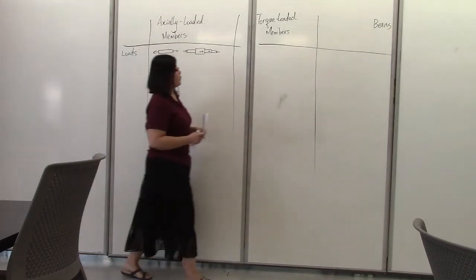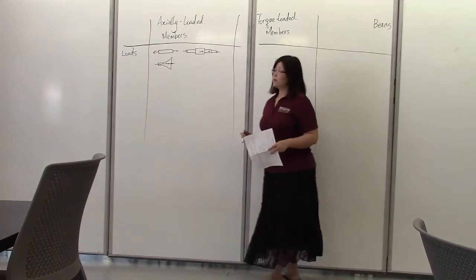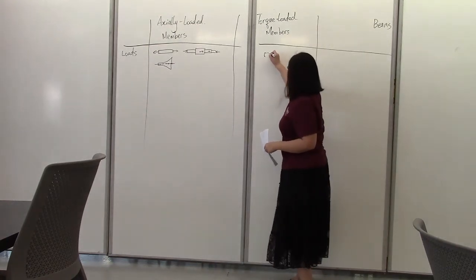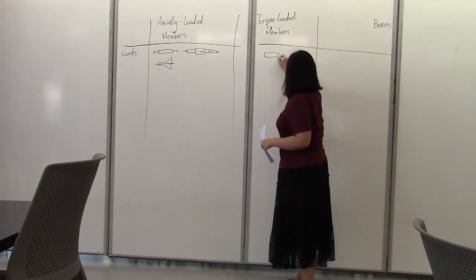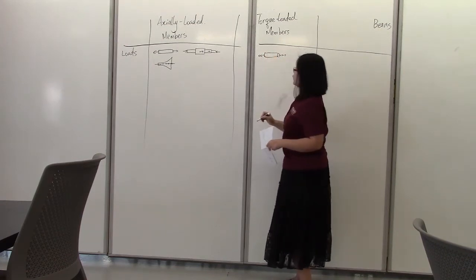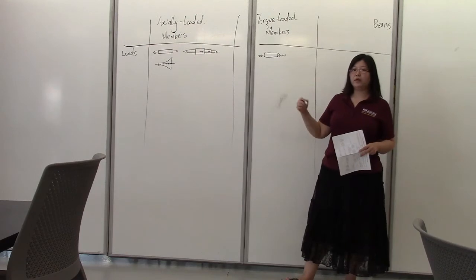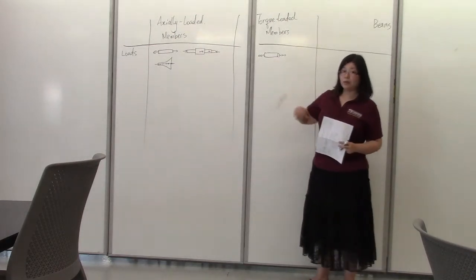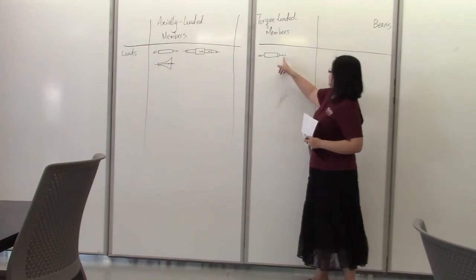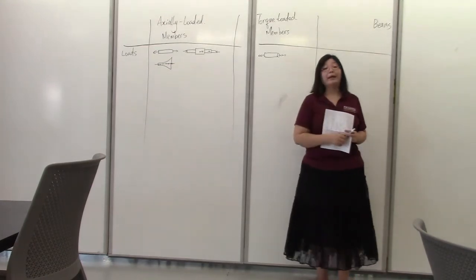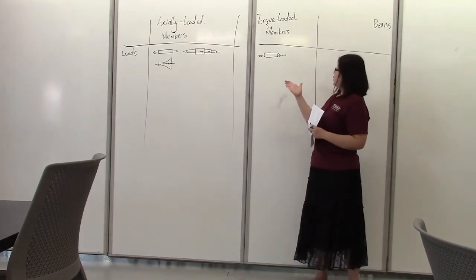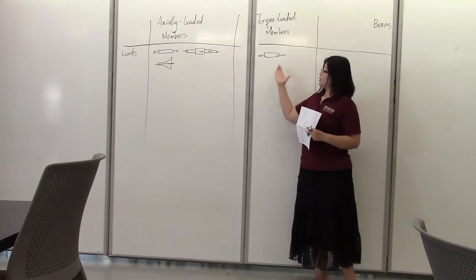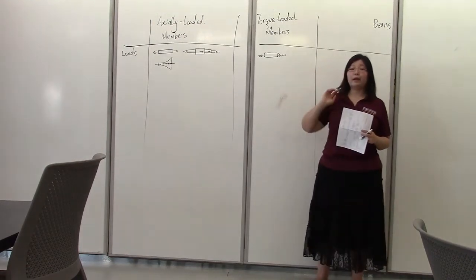Now for torque loaded members, the loads are torques. Now for torques, sometimes we use a little curved arrow to show the direction, clockwise or counterclockwise. Otherwise, sometimes we use 2 arrows to show that it is a torque. So the direction of the torque is determined using the right-hand rule.